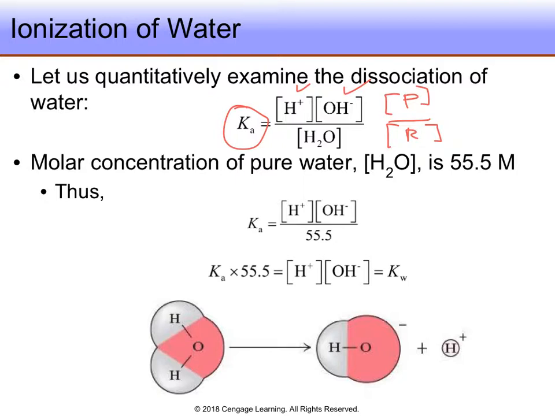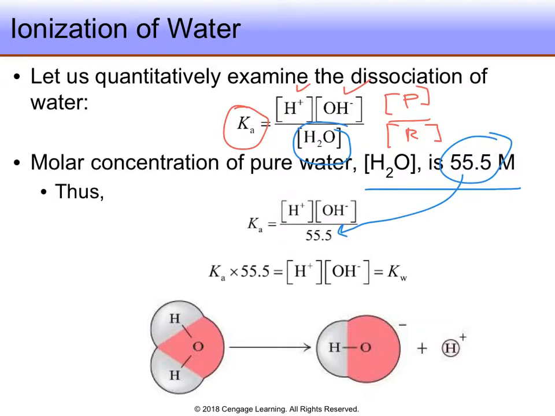The other key feature to think about when thinking about pure water is that the concentration of pure water is 55.5 molar. This is just a value that you have to remember. So we can take that 55.5 and put it into the denominator of that same formula we just talked about. If we do that, this will simplify the equation.